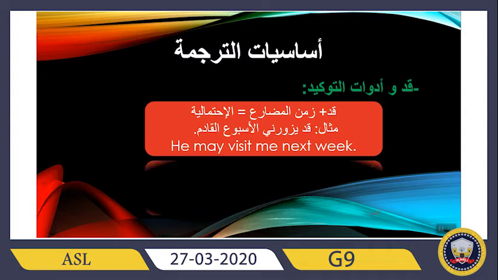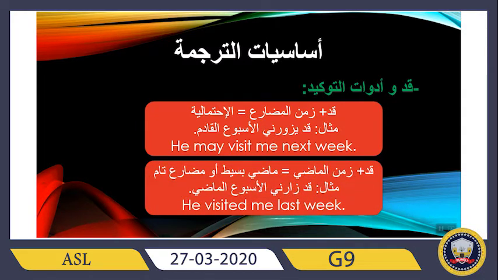Okay? The second قد زائد زمن الماضي تعطينا ماضي بسيط أو مضارع. مثال: قد زارني الأسبوع الماضي. Here it will be he visited me last week. Okay? إذا نستعمل قد وأدوات التوكيد فقط لمعرفة زمن الفعل، لكن لا يمكننا ترجمتها لأنه لا توجد هذه الأدوات في اللغة الإنجليزية. Okay?